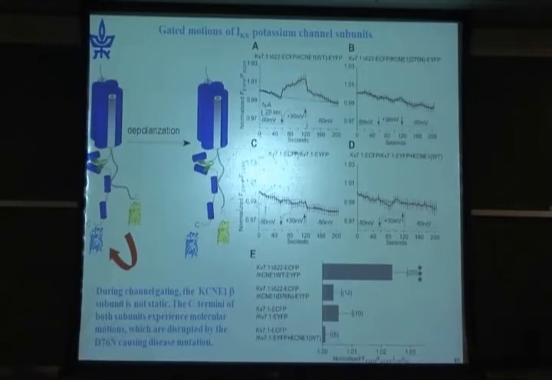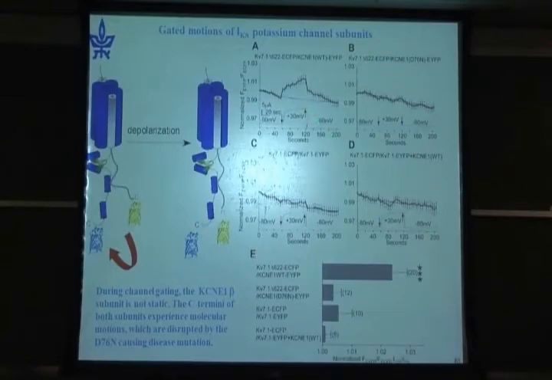You have to depolarize to very high depolarizing potential in order to get a very tiny current. So you have a kind of loss of function of this current, and you don't get this FRET change. So you knock down the dynamic FRET that you are getting when you open the wild type channel.